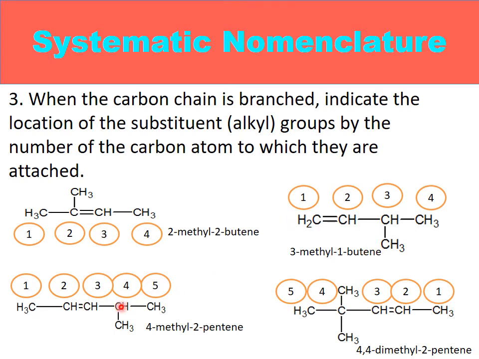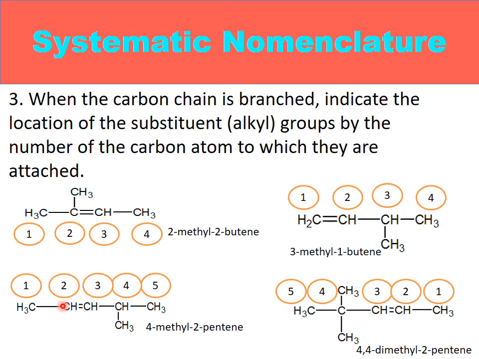In the third example, the main chain containing the double covalent bond is made up from 5 carbon atoms. Here, if we start by enumerating the chain from the left, then the functional carbon atom that's making the double covalent bond will receive number 2, while if we start from the right, then the functional carbon atom will receive number 3.